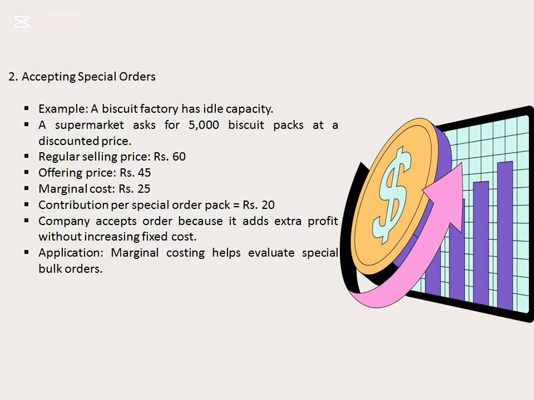The contribution is 20 rupees per special order pack. This company accepts the order because it adds extra profit without increasing fixed cost. As an application here, marginal costing helps evaluate special bulk orders.